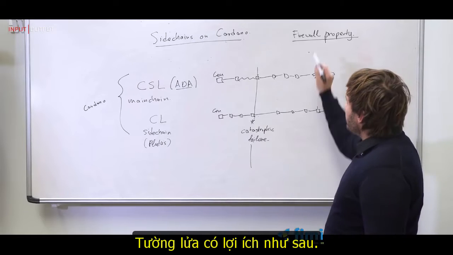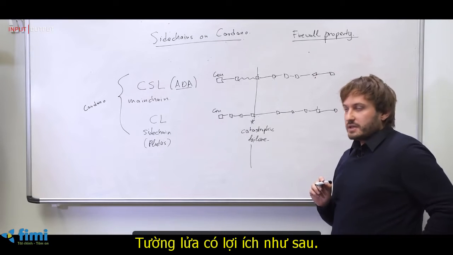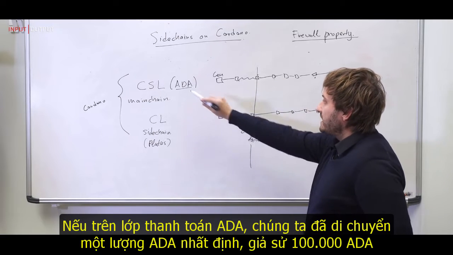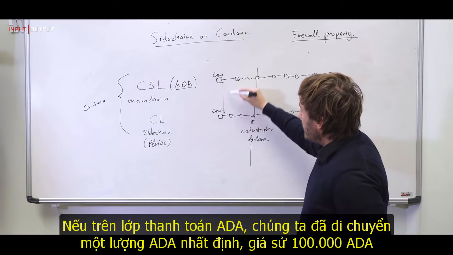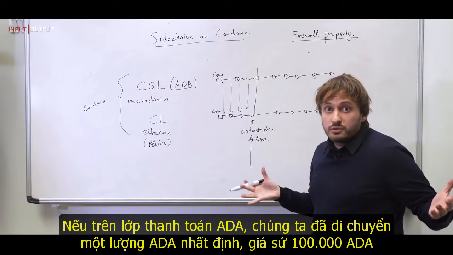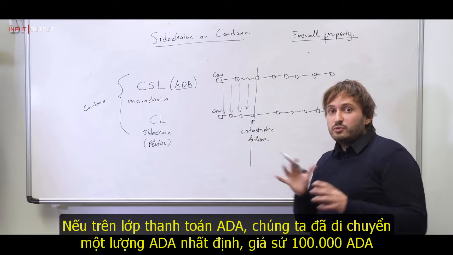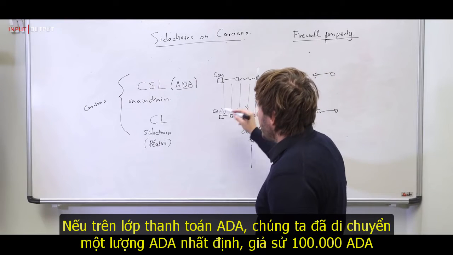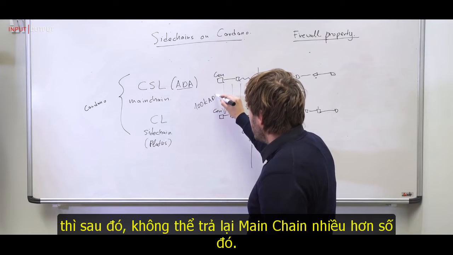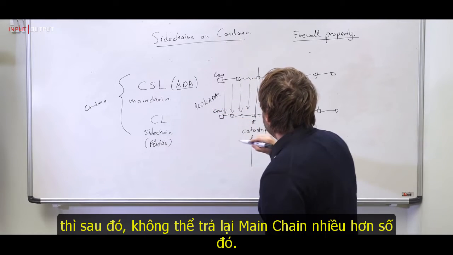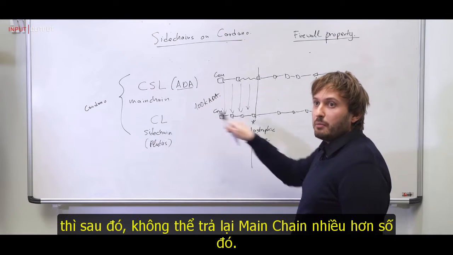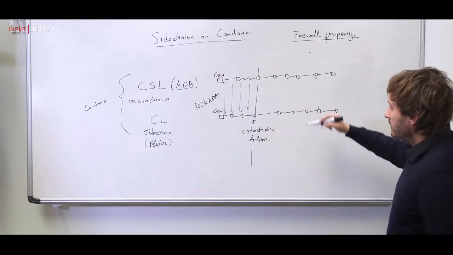So what the firewall property gives us is the following. If on the ADA settlement layer, we've moved, as users, the total user base, if we've moved together a certain amount of ADA, let's say 100,000 ADA, then in the future there is no way to return more than this back into the main chain.